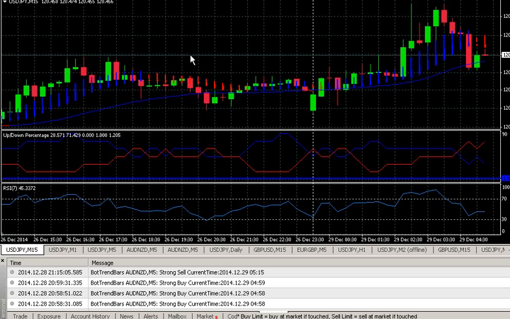It's all about managing your risk and coming out with more, getting a little bit more out of the market than what the market is willing to take from you.